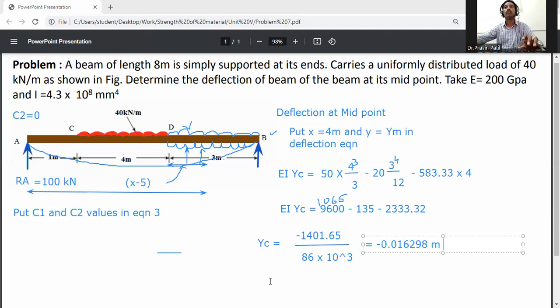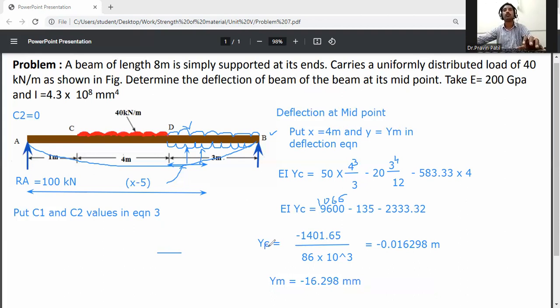Convert it into mm, multiplying by 1000, so minus 16.298 mm. The minus indicates the deflection is in the downward direction.